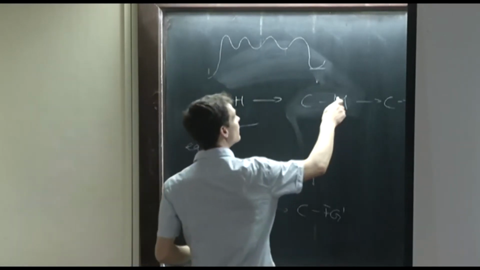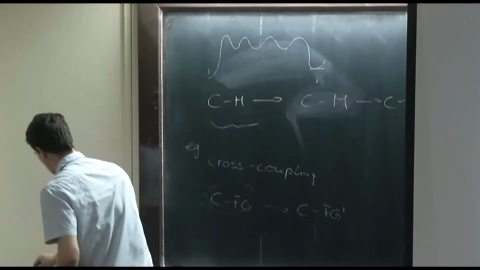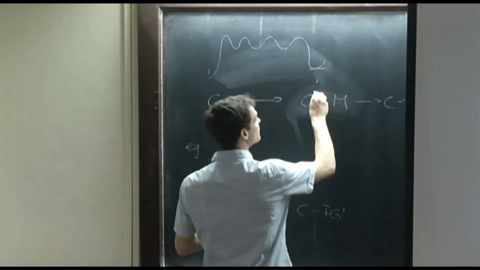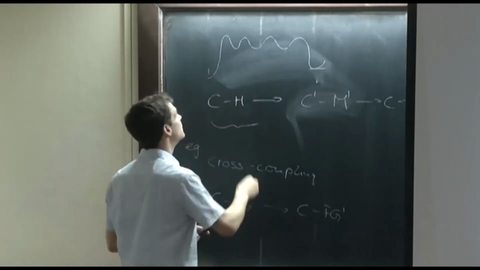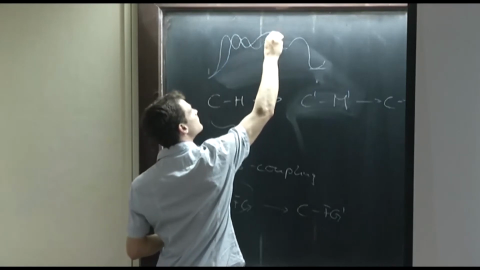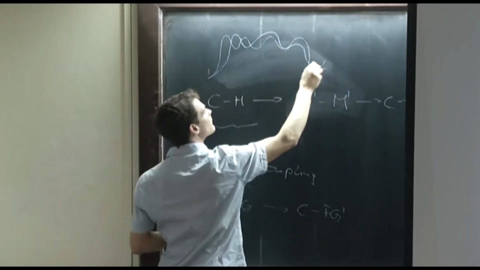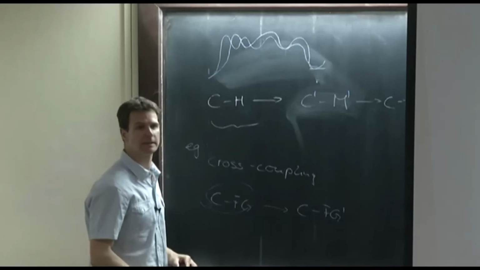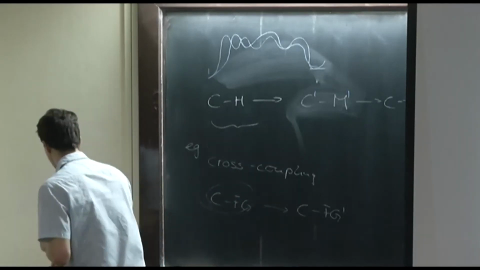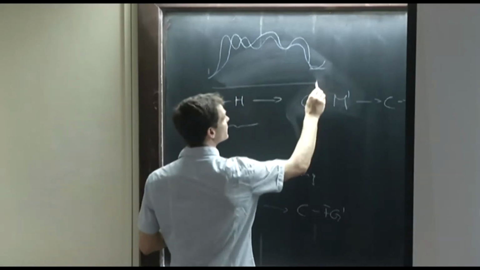But that's only for one metal. If we have another metal and a slightly different carbon, it may be that now the profile looks like this. The reaction coordinate is still the same, if this is the reaction coordinate, so the progress of the reaction.